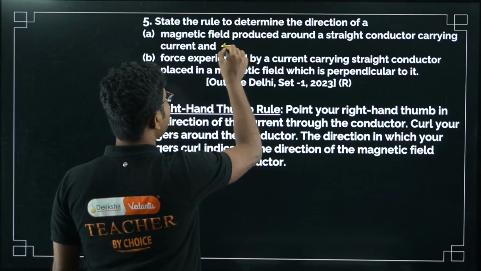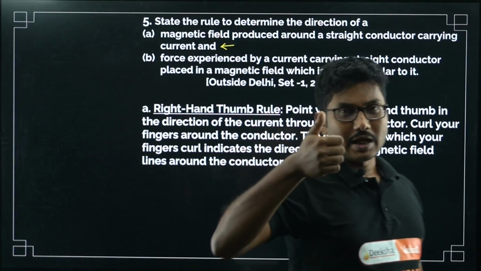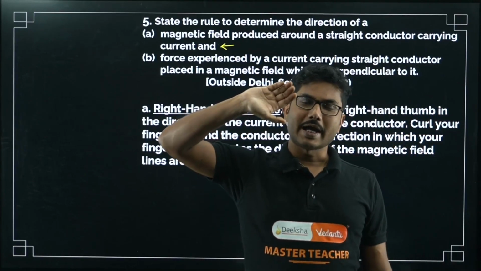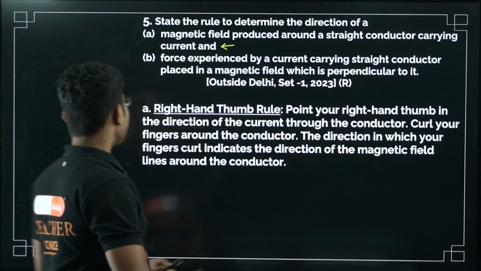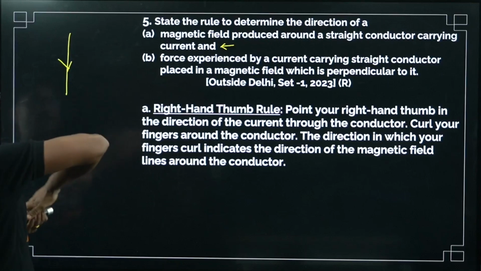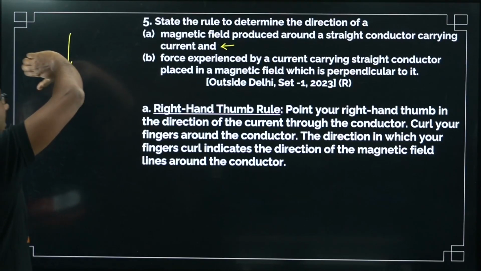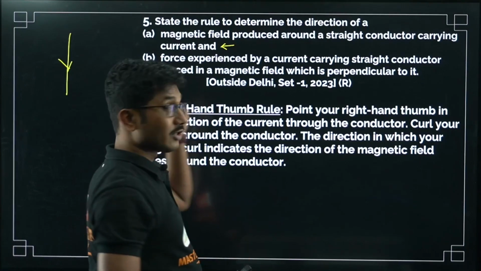We use the right hand thumb rule. You put your thumb in the direction of current and wrap your fingers around the conductor, then you will get the direction. If the current is flowing in this direction, put your thumb in the direction of current, wrap your fingers around it, and you will get the direction of the magnetic field lines.